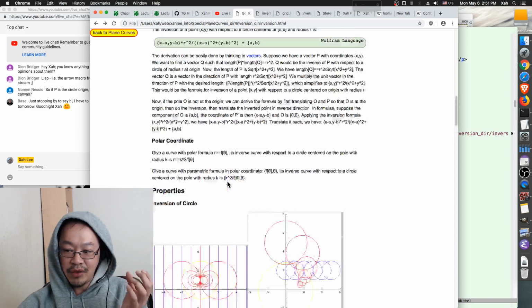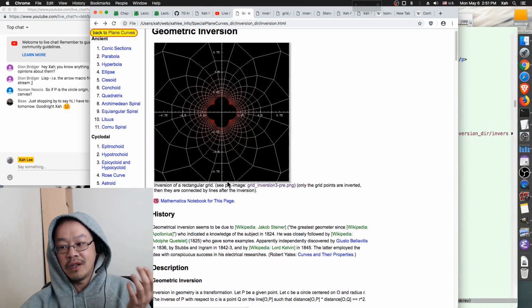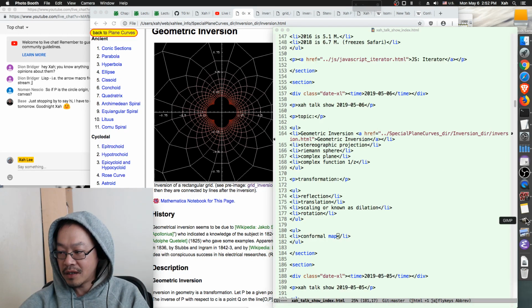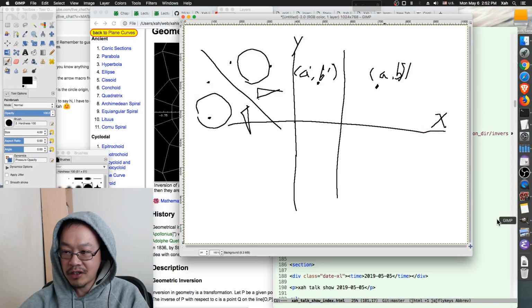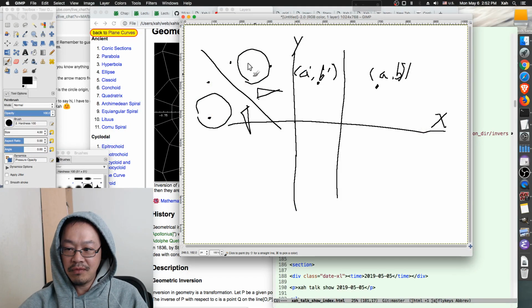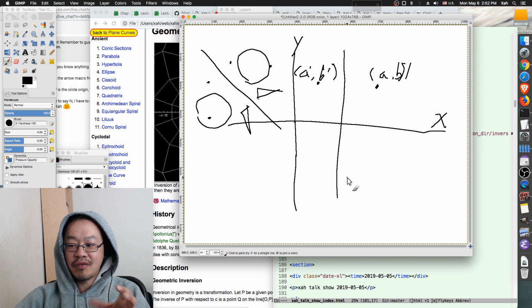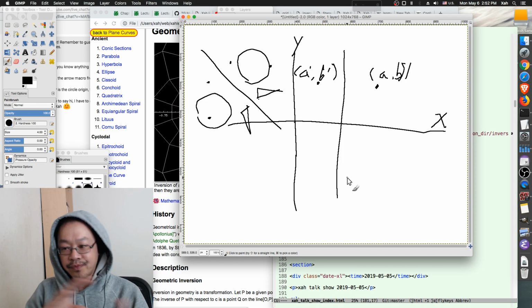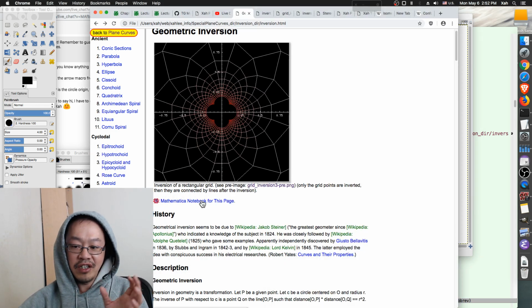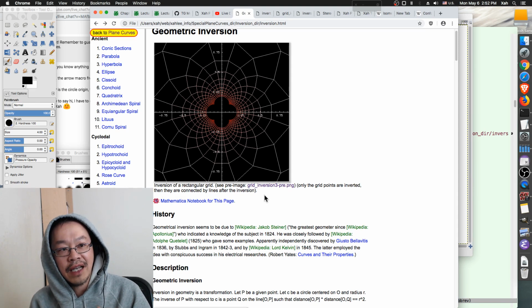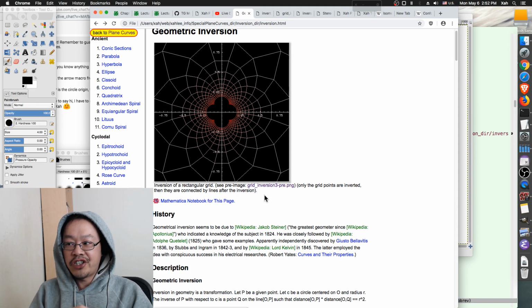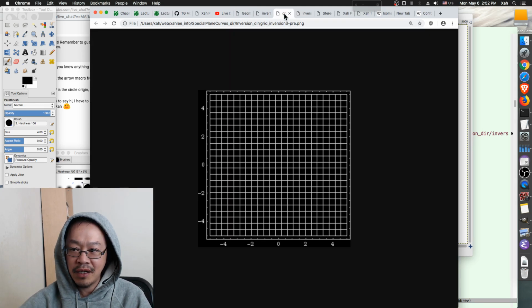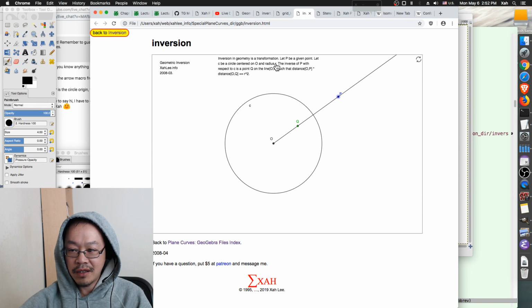Now let me show you another very interesting property about geometric inversion. When we think of reflection, let's go back to reflection. You see how reflections are like mirrors, right? Things come to the other side. Now, geometric inversion you can think of as a generalization of reflection. Why is that? Because look at this picture.